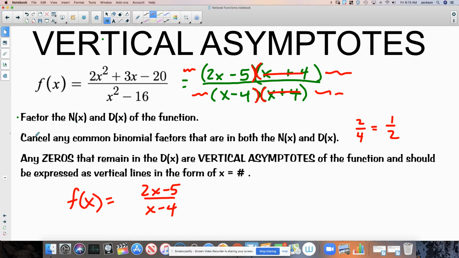So after we factor this and after we cancel any common binomial factors that are on the top and the bottom, any 0 that remains is a vertical asymptote and should be expressed as a vertical line. So because we were able to cancel the x plus 4, the 0 that remains from here is the 4, right?